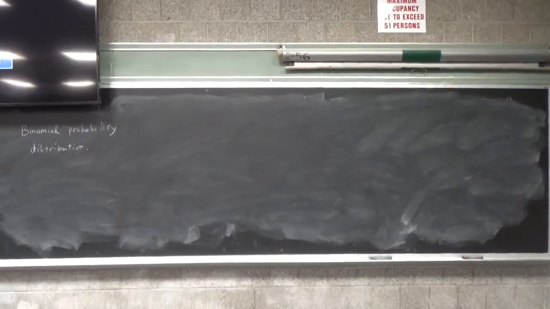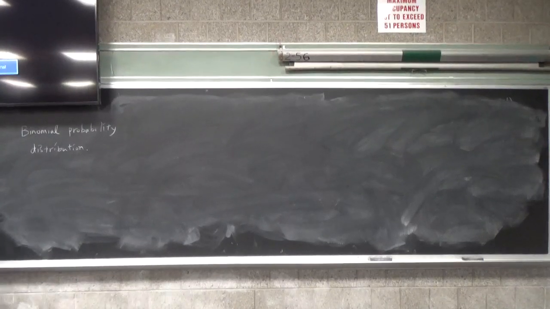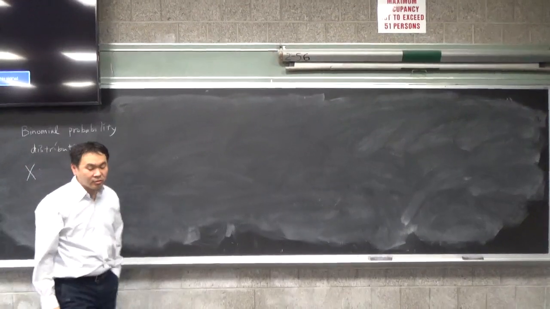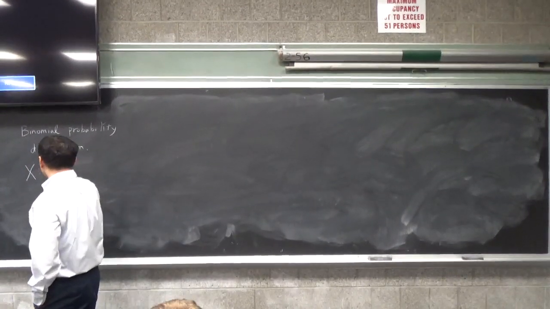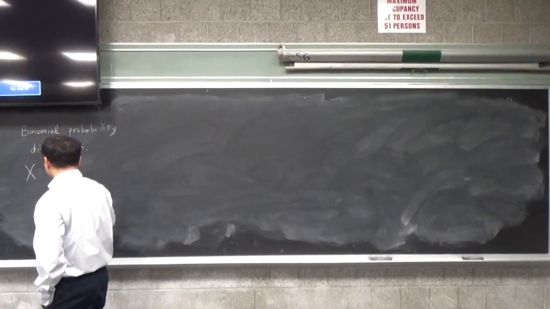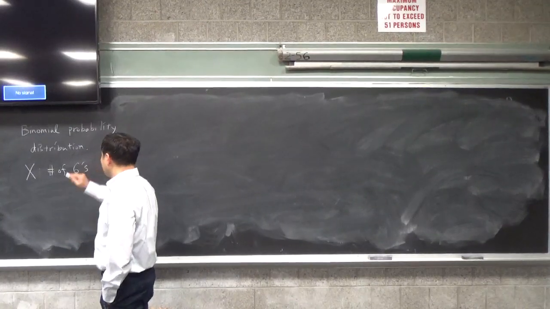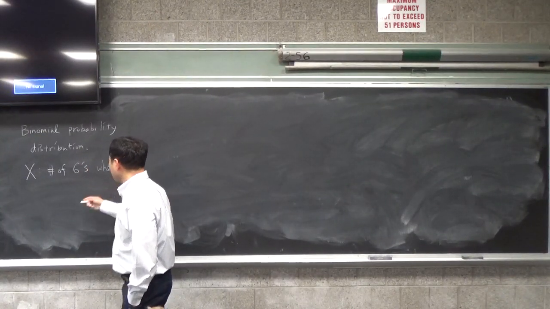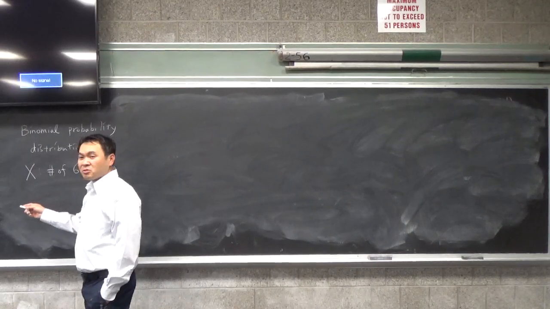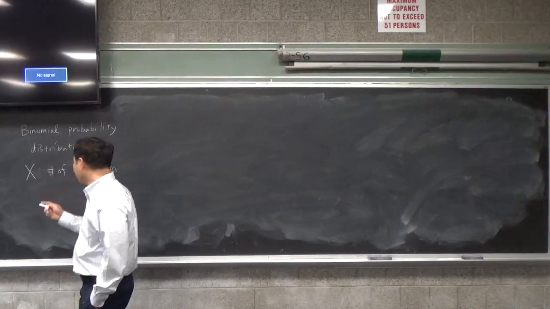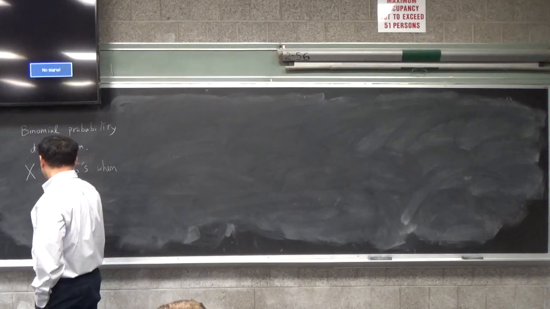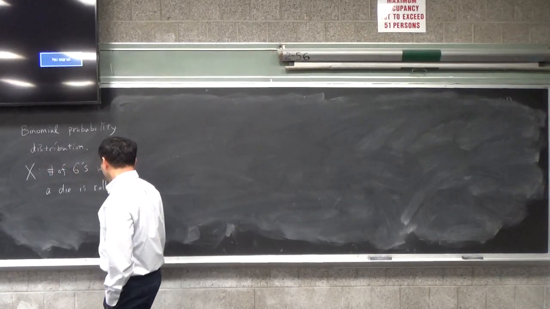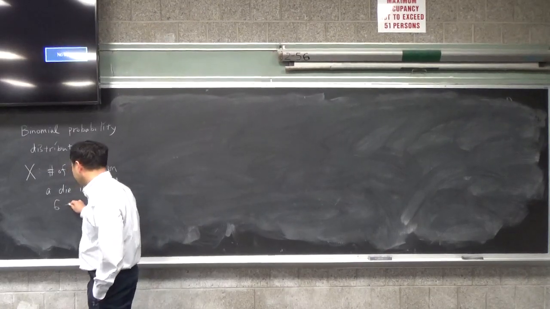Right? Okay, and we're going to define a random variable. Let's call this random variable x as number of 6s when, how many times did we throw? 6 times? Right, yeah. So when a die is rolled 6 times.